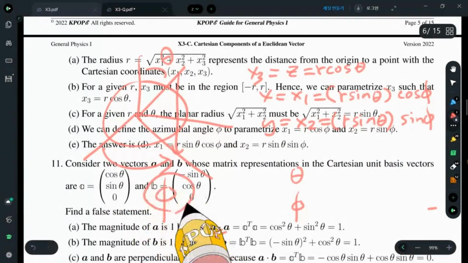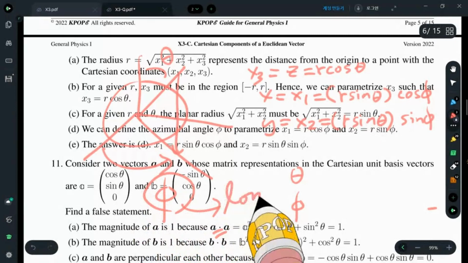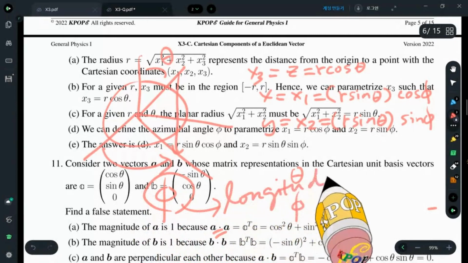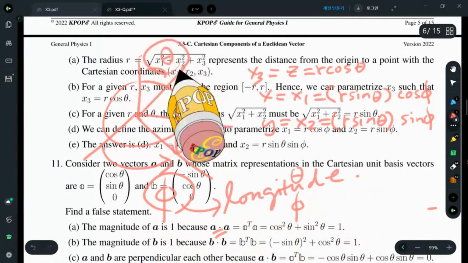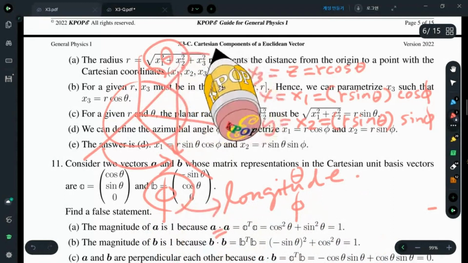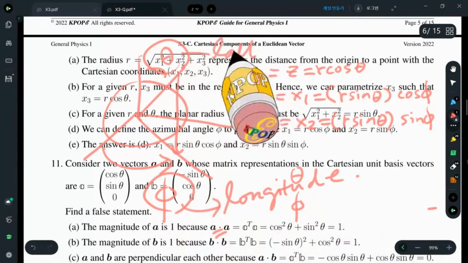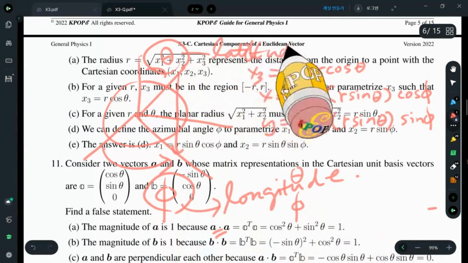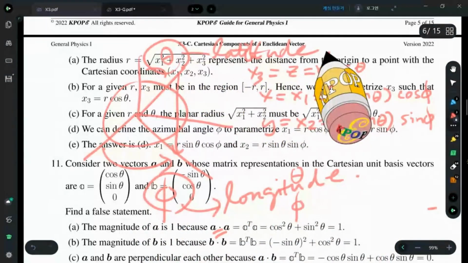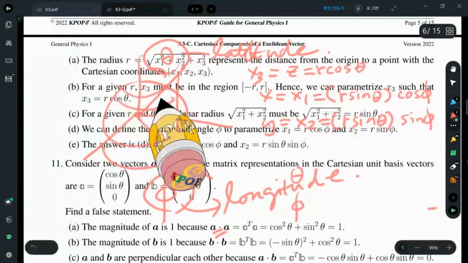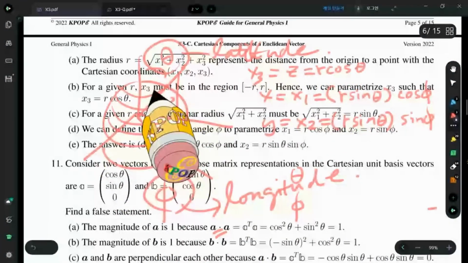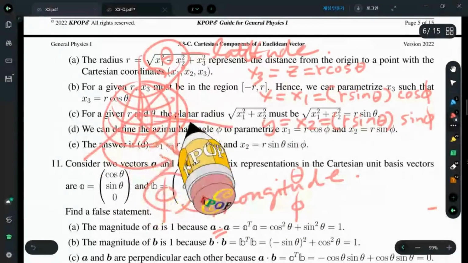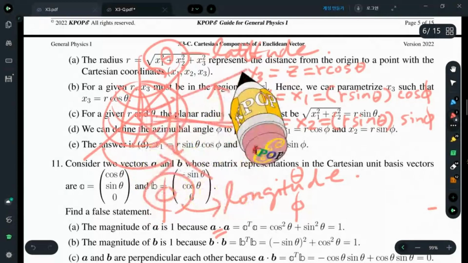So phi is related to the longitude of the Earth. Theta is related to the latitude. We make a grid, and from the equator we measure the angle.